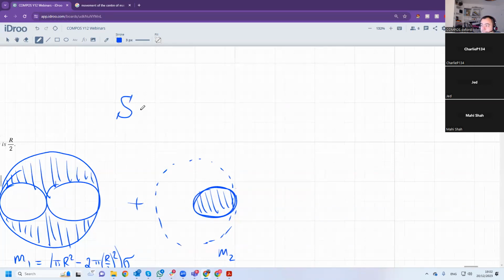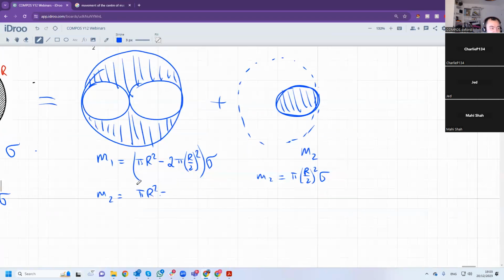S is area. And sigma is the Greek version of S. So it's kind of yeah, like mass and mass per unit length. This is area and area per unit length. That would be my initial guess why it is, but I don't know the answer to your question, why it is sigma.